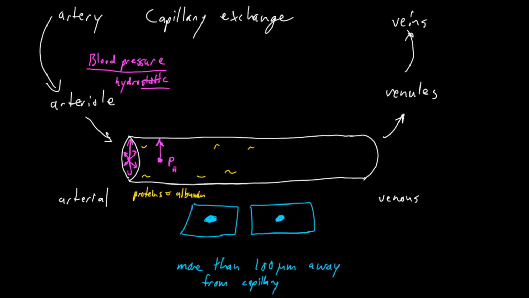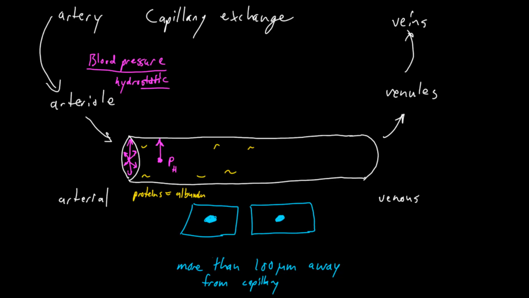Osmotic pressure is a pressure that is exerted that tends to draw fluid towards where there are solutes, where there are proteins. This is the idea that water follows salt. Well, you can also say that water follows large proteins.